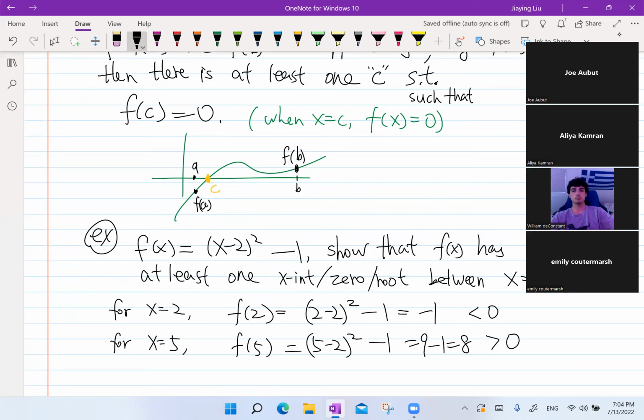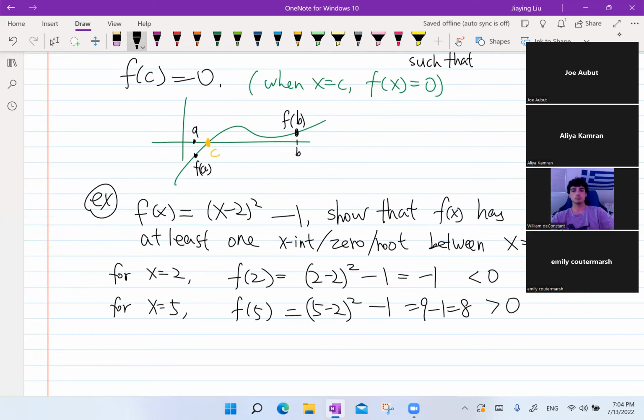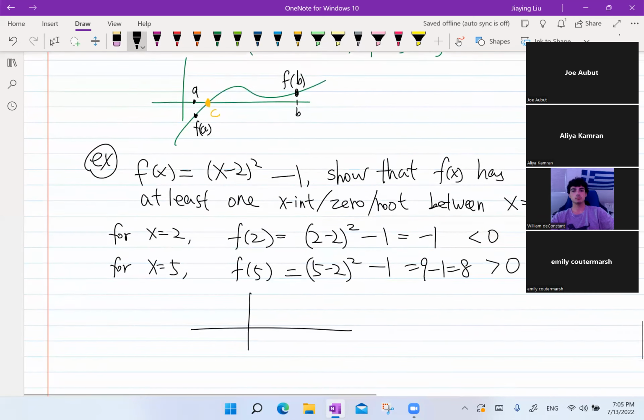So by finding the corresponding y values for x equals 2 and x equals 5, suppose we don't even know what the function looks like. We know that when x equals 2, it's going to give us a negative y value. And for x equals 5, it's going to give us a positive y value, 8.